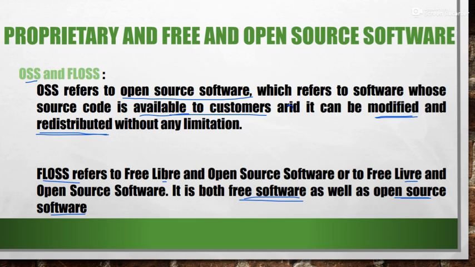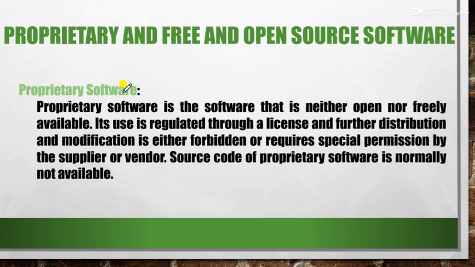Then next, in this category only, the next option is proprietary software. With the name only you can understand that it is generally called personalized software, which are generally paid software. Okay, so it is given here, proprietary software is the software that is neither open nor freely available.